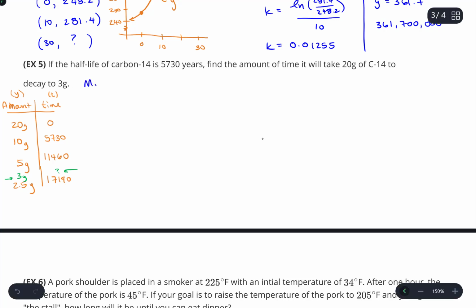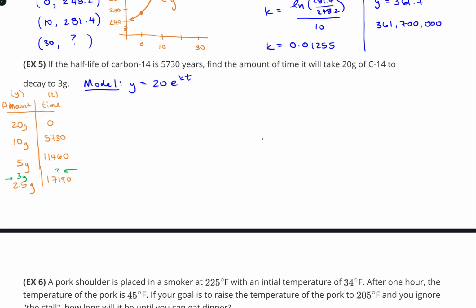Okay, so our growth model starts out looking like y equals ce to the kt, but we actually already know the value of c. We have this initial amount of 20 grams. So let's just plug that in and not worry about it.